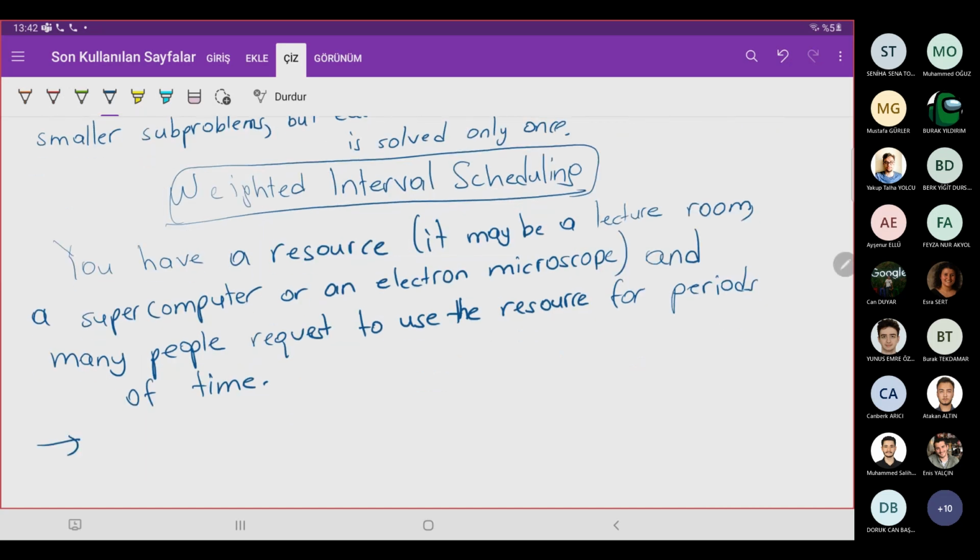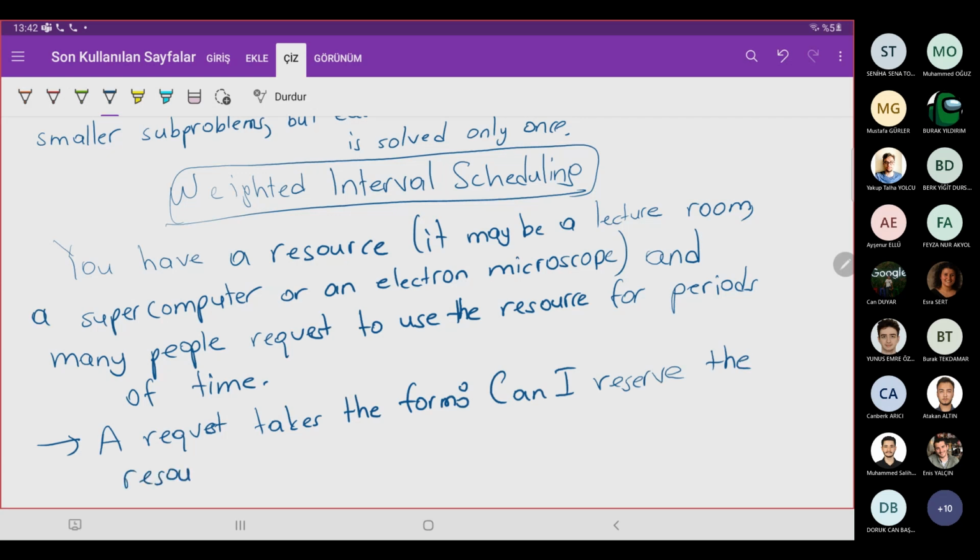So there are requests. A request takes the following form. Can I reserve the resource starting at time S until time F, F for finishing, okay?